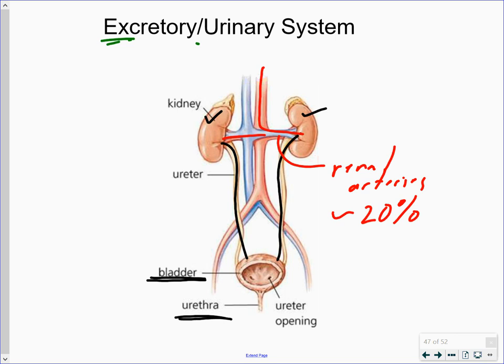After that blood goes to the kidneys through the arteries, it's then going to travel out through the renal veins, and those renal veins will eventually take the blood back to the right-hand side of the heart, up through the vena cava and into the right atrium. So again, in red, it's showing the renal arteries. These ones here are then going to be the renal veins.